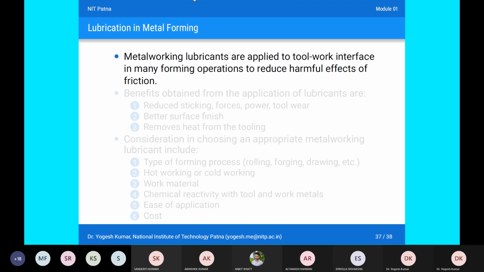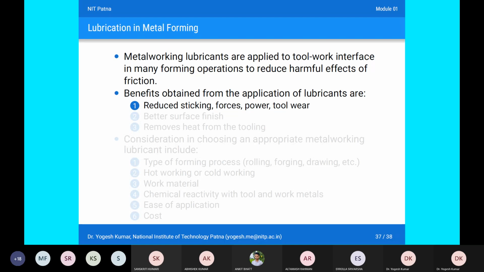So the connected topic is lubrication in metal forming processes. Let me read. Metalworking lubricants are applied to the tool-work interface in many forming operations to reduce the harmful effect of friction. The benefits obtained from the application of lubricants are reduced sticking.